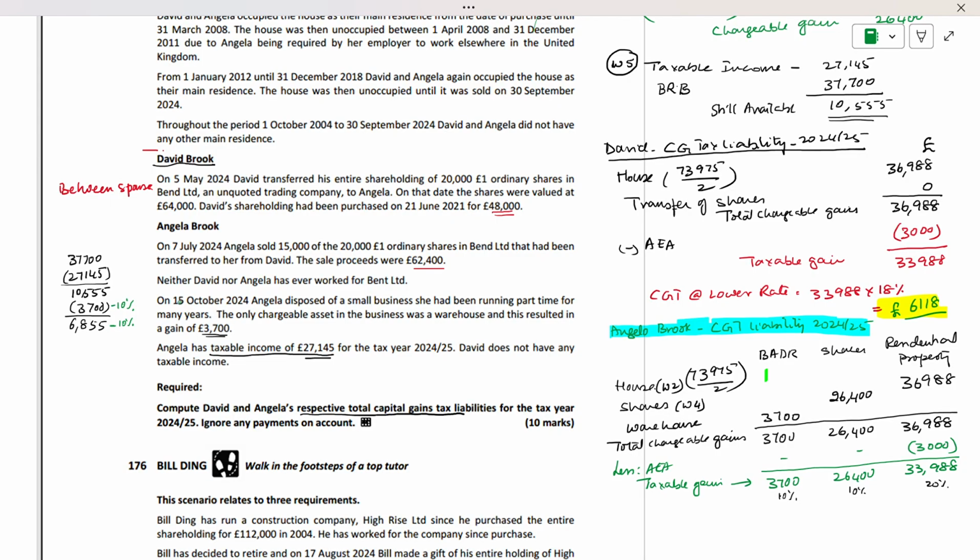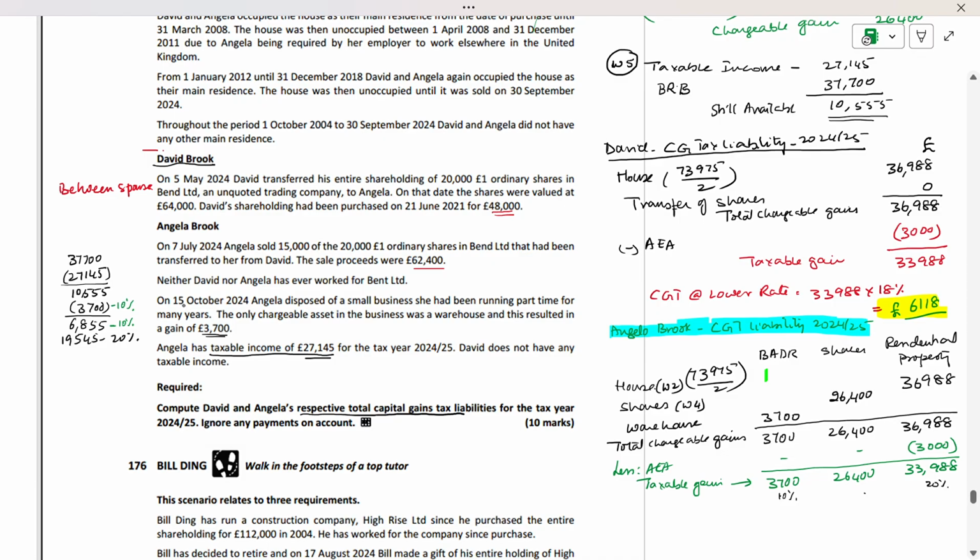Next, wait, slowly wait. How much is the balance? 26,400 minus 6,855. Very interesting. Okay, 19,545 will be at the rate of how much? 20%.